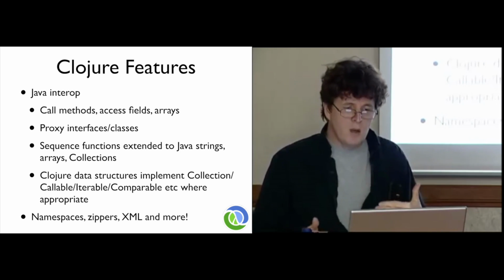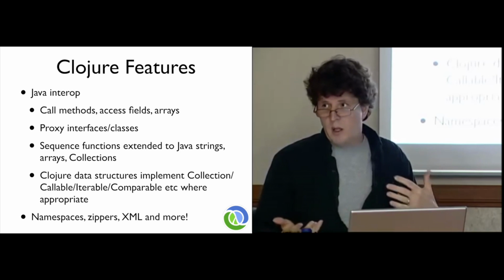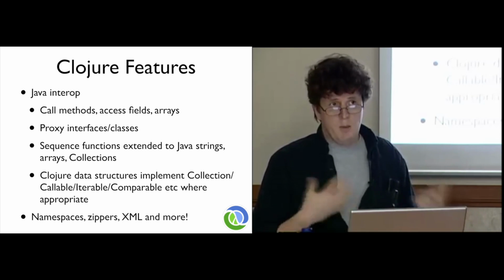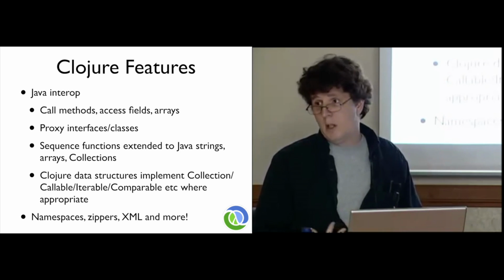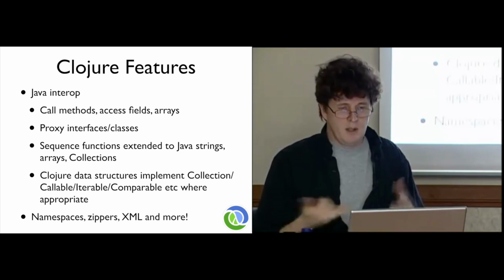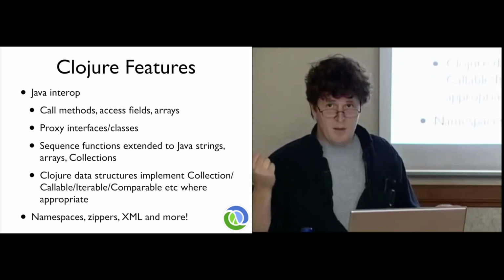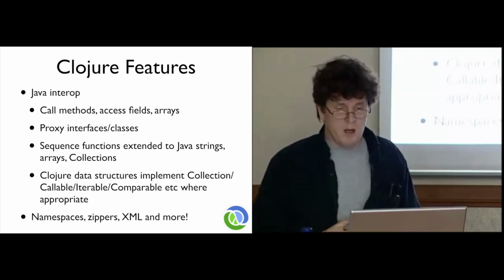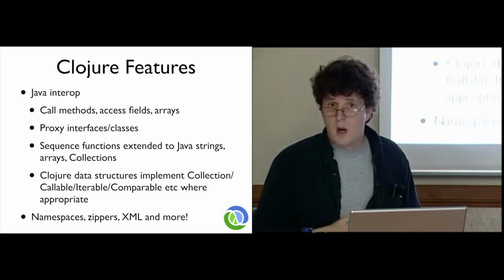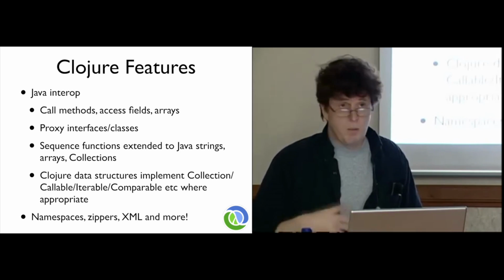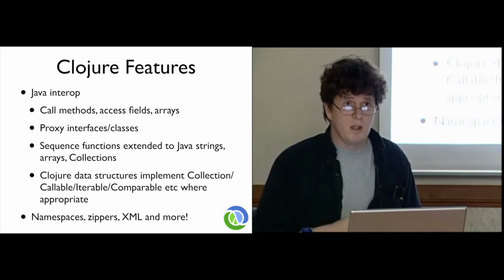In addition, going the other way, where it's appropriate, Clojure data structures implement Java interfaces. All the Clojure collections implement the read-only portion of the collection interface. Obviously, they're not writable, so they opt out of the optional part, which happens to be the writable part of the collection interface. Clojure functions are callable, so you can just pass them right to the executors framework to execute them in threads in Java.